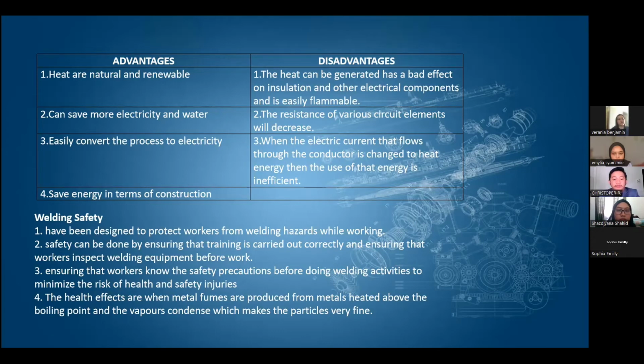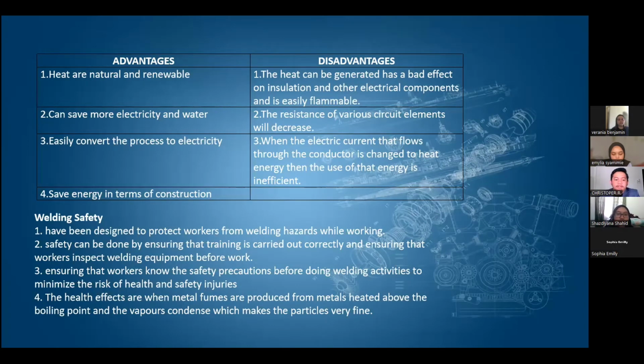For welding safety, firstly, it has been designed to protect workers from welding hazards while working. Second, safety can be achieved by ensuring that training is carried out correctly and ensuring that workers inspect welding equipment before work.